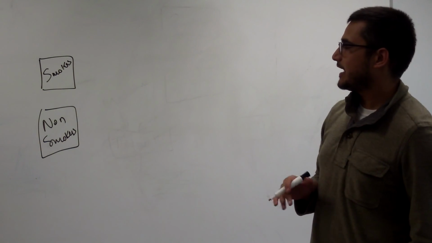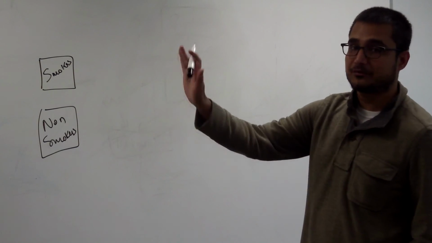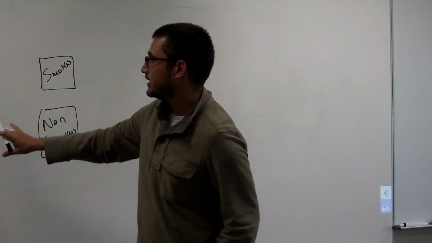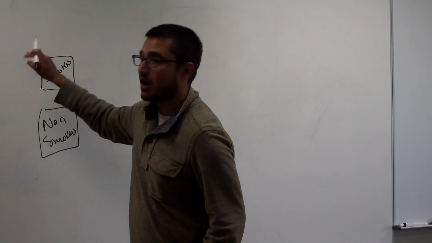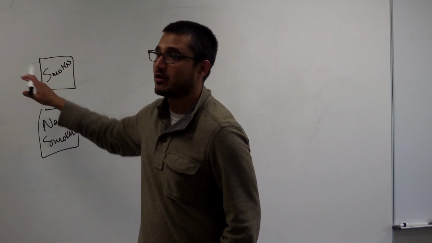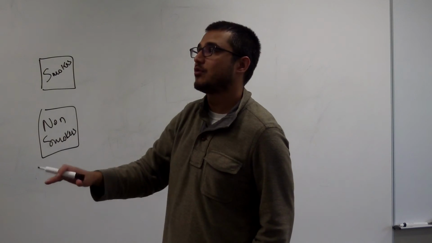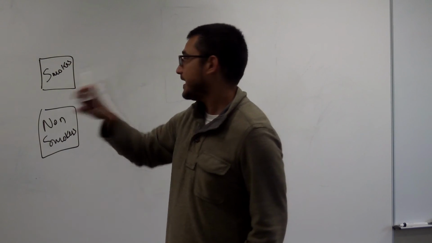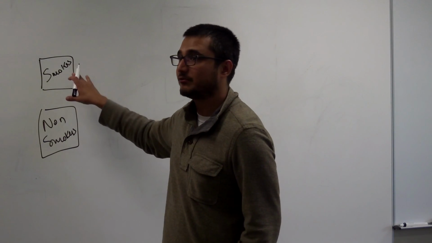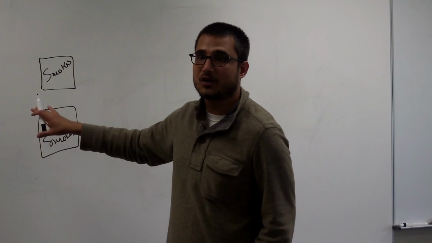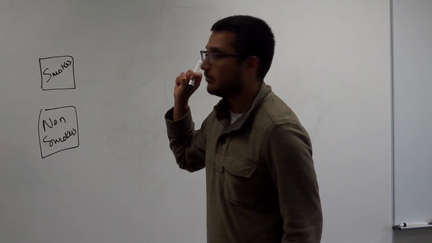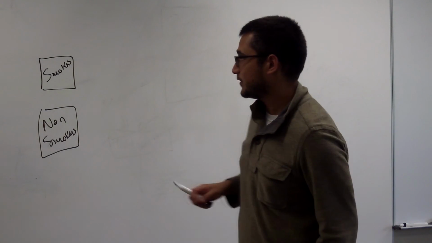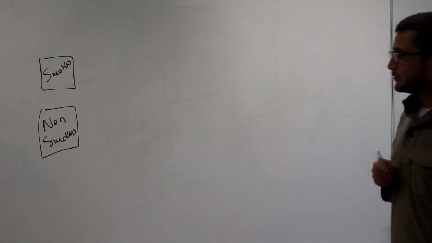Again, this comes from a larger population, randomly selected based on criteria of whether you are a smoker or not. So if you have a list of smokers and you randomly pull from that list, you have a group of smokers for your study. Similarly with non-smokers, you have a list of non-smokers, and then you randomly pull, and you get a group of non-smokers.